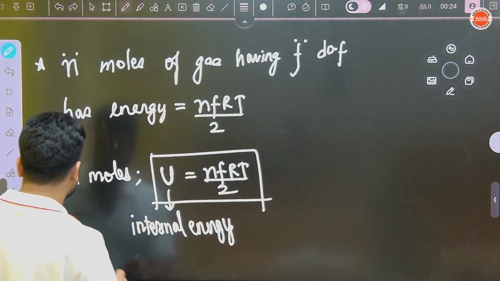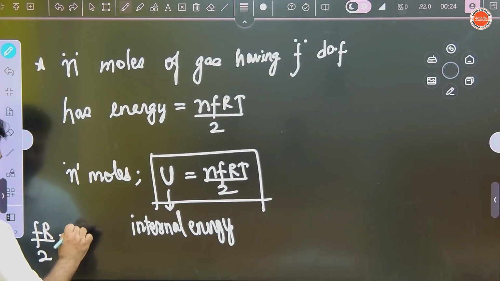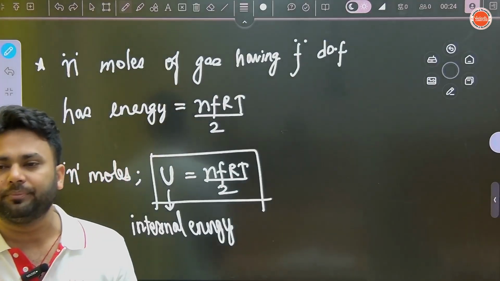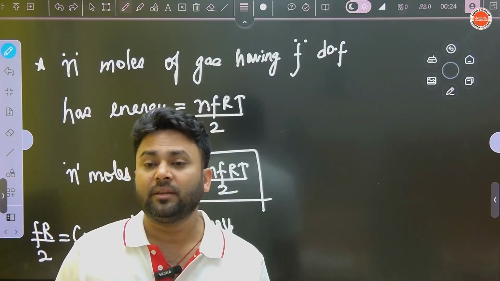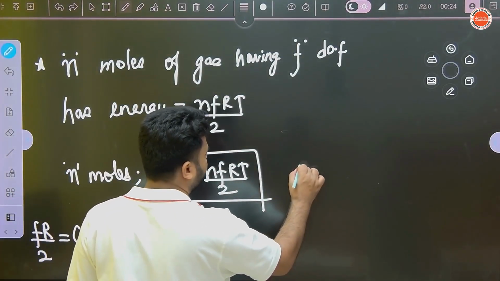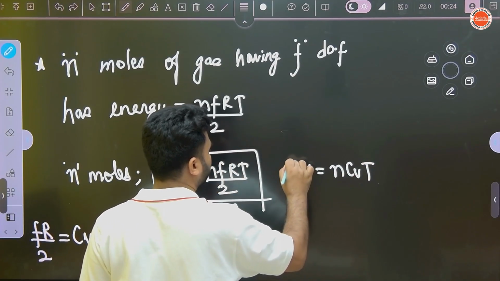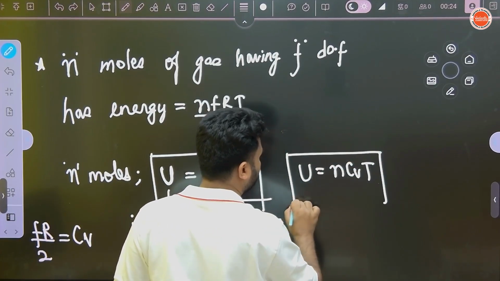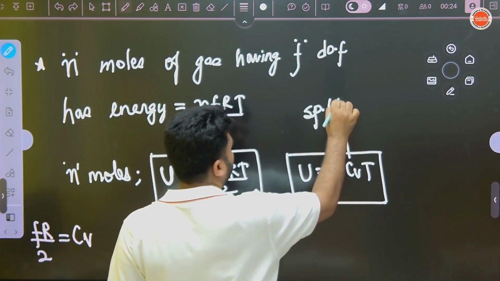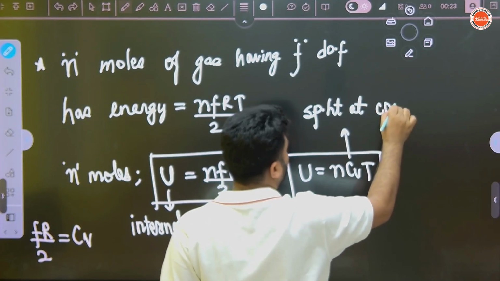This f R by 2 term is also called Cv. What is Cv? You must have heard: specific heat at constant volume. Cp, Cv. Cp minus Cv equals R. So this is Cv, so we can write U equals n Cv T. We can write like this also.